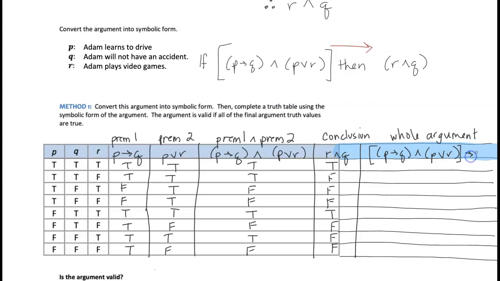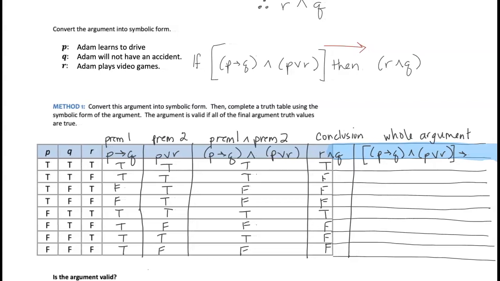And we're trying to see if that implies, I'm going to expand my screen here, the conclusion R and Q. What we're looking for within our truth table is here's our antecedent, here's our if, and we're trying to see if that implies the conclusion. The direction of the arrow is important.